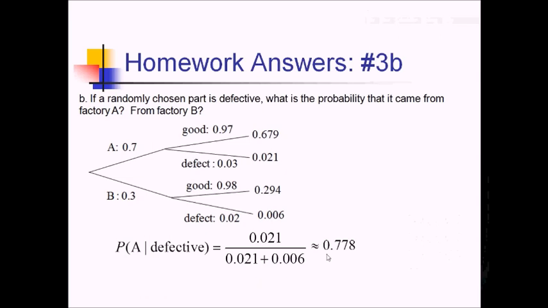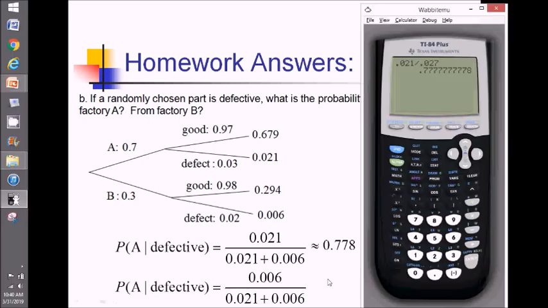So there's a pretty good chance that if it's defective, it came from factory A. Now for factory B, we're going to do essentially the same thing, but we're just going to divide the factory B part here, 0.006, by the 0.027. So going back to the calculator, I'm going to grab my input from the first part of this problem, and now we're going to do 0.006, sounds like a secret agent, over 0.027.